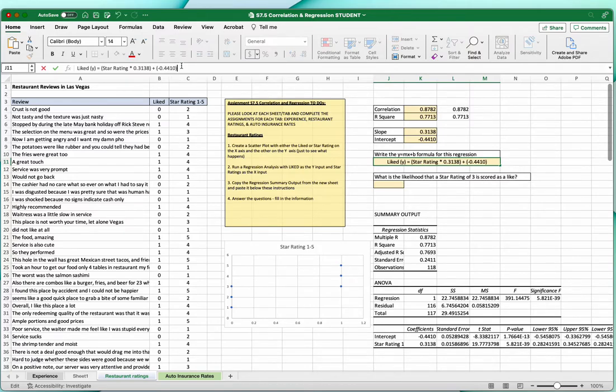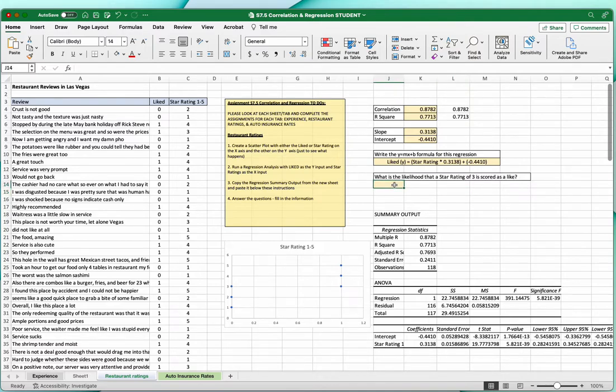Or I could just subtract it, but to help you, remember y equals mx plus b. We have our y, our m, our mx: 0.3138 times our star rating, which is our x, plus our b, which is negative 0.4410.